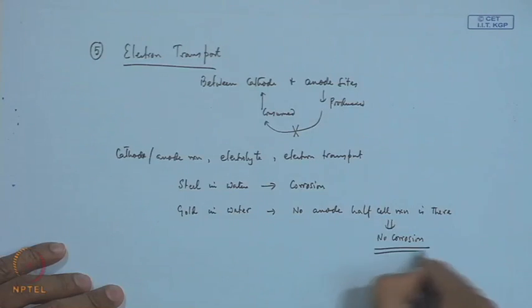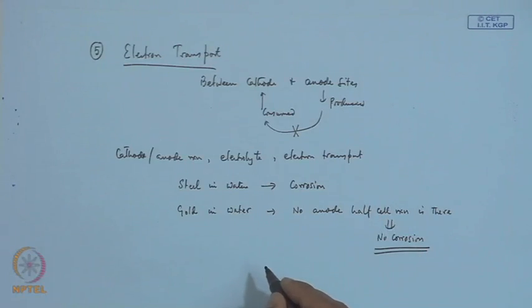That is for gold. That is why it is a noble metal. You do not see corrosion with gold, but maybe with silver, it is not as good as gold. In the same way, steel will have corrosion.